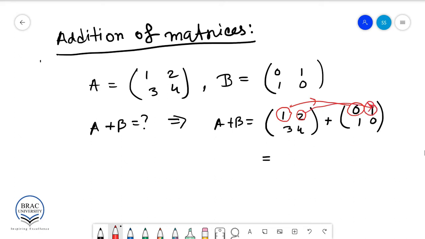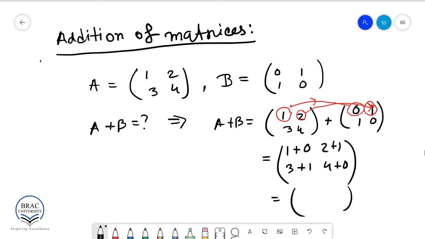Similarly, 3 will be added to this one, and 4 will be added to this 0. So if I write it down explicitly, I'll have 1 plus 0, 2 plus 1, 3 plus 1 and 4 plus 0, and just add these numbers, and you get 1, 3, 4, 4. This is our result for the matrix addition.